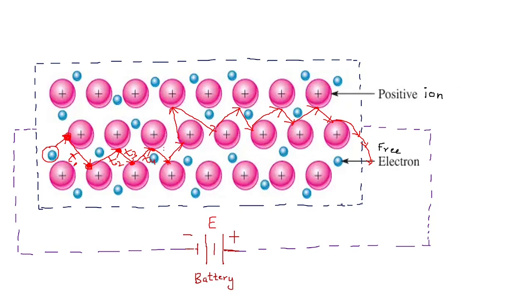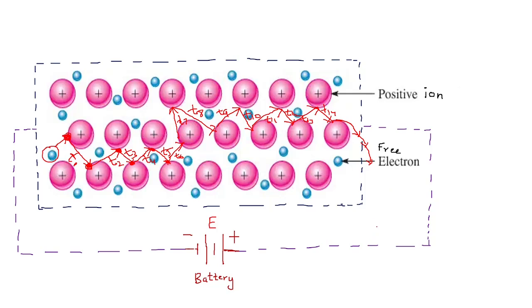The fifth, T5. Then T6, T7, T8, T9, T10, T11, T12, T13, and T14. So these are the collision times.